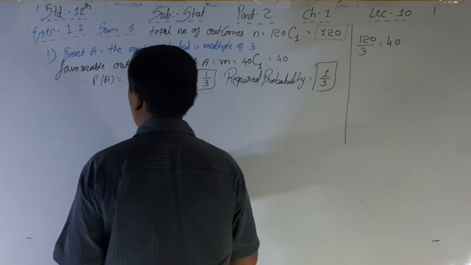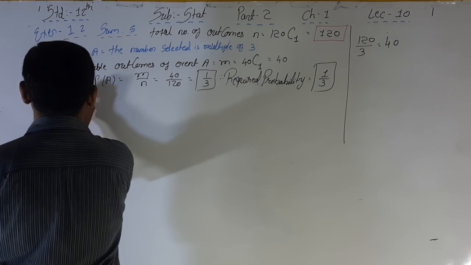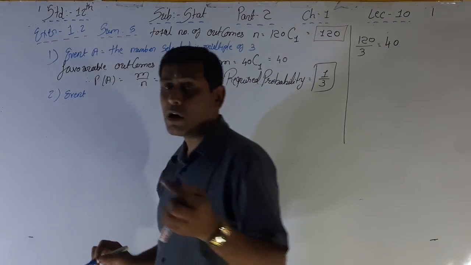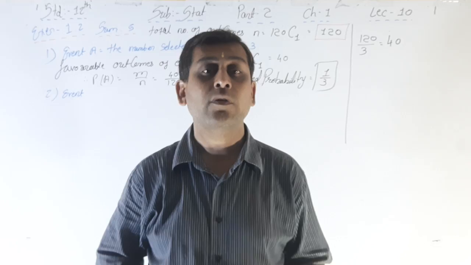Now, event B? The second point. It is not event B, because here the second point is the number selected is not a multiple of 3.